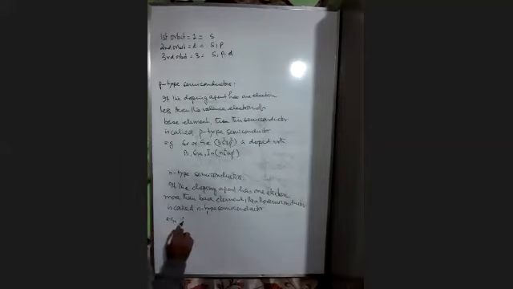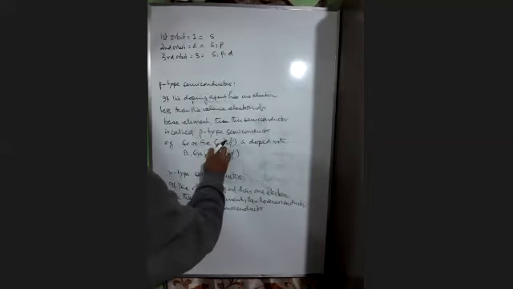Example, silicon or germanium. Sorry, I should write ns2 np2, because germanium is not 3s.